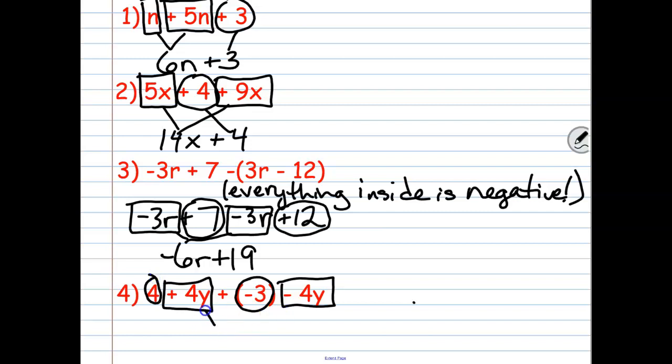And then I can combine away. Positive 4 and negative 4 actually cancels out, and so I have 0 y's there. And then I'm going to put my 4 and my negative 3 together, different signs subtract, and I have a positive 1. But that looks funky. I'm never going to write 0 y's, so my final answer would just be 1.